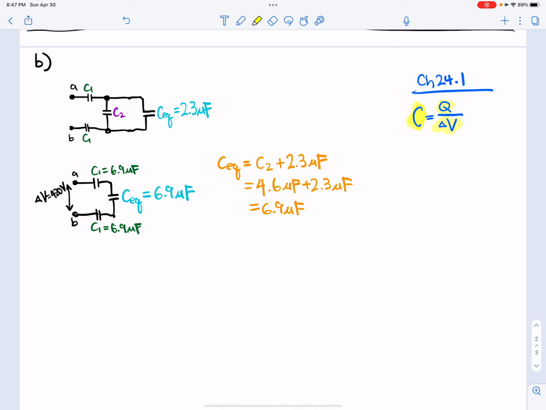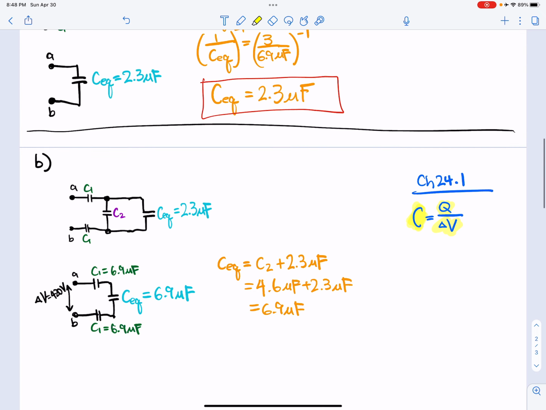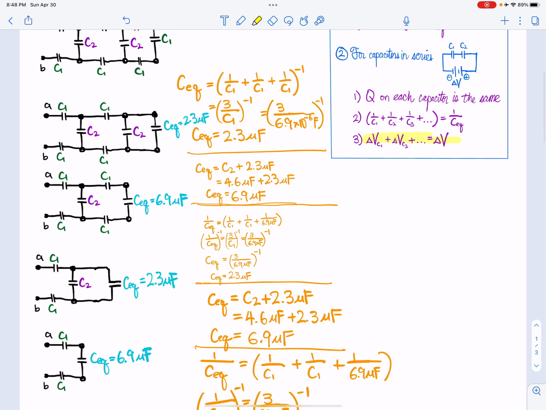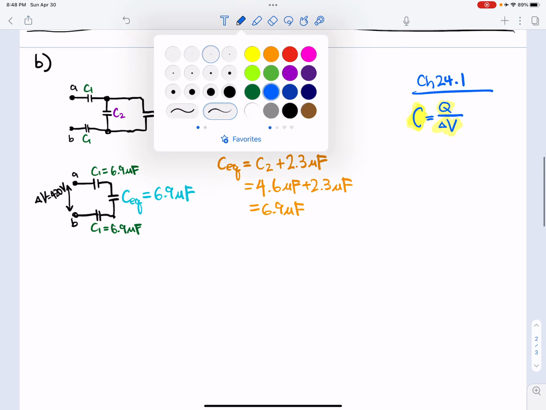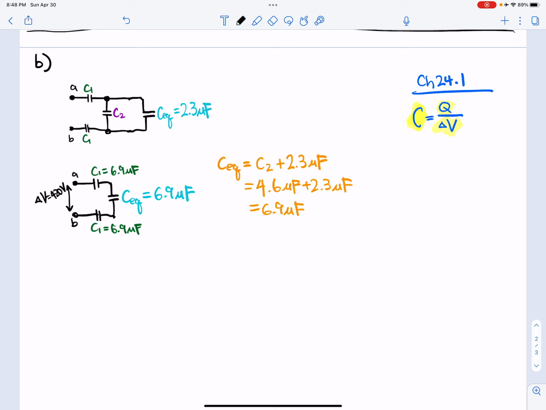So then delta V for each of these will also be equal. What else do we know? We know that the delta V for each of them has to equal 420 volts. So we could just do 420 divided by 3, right? To find the voltage for each one.